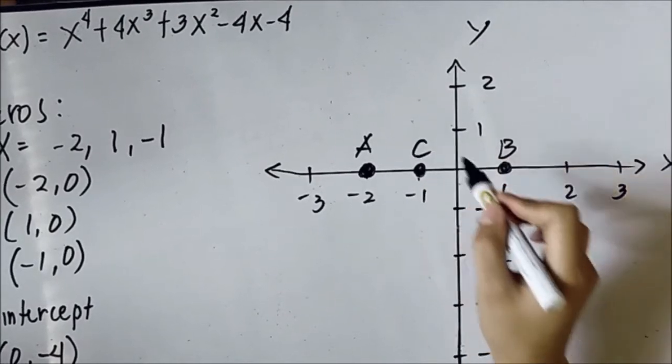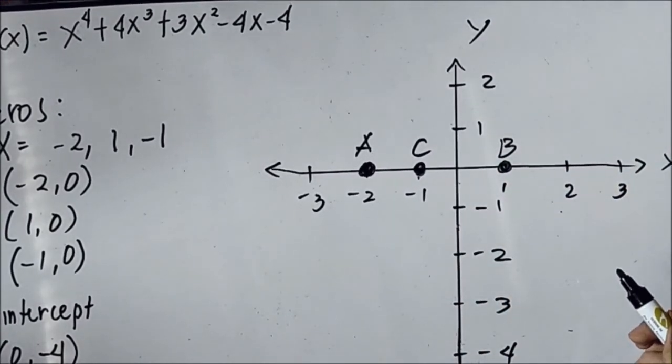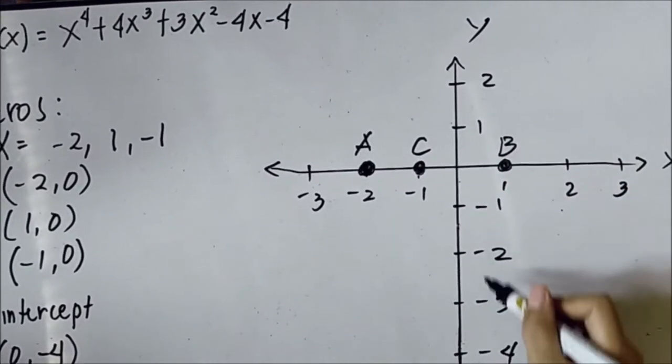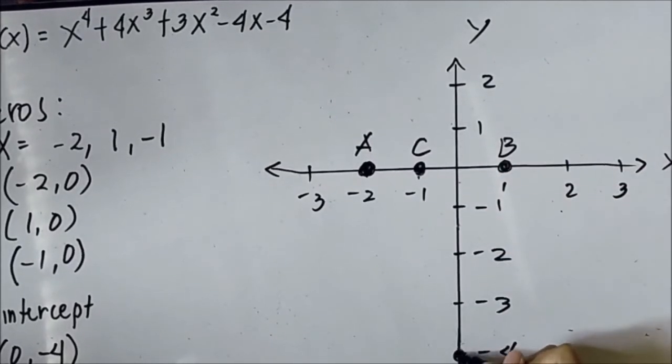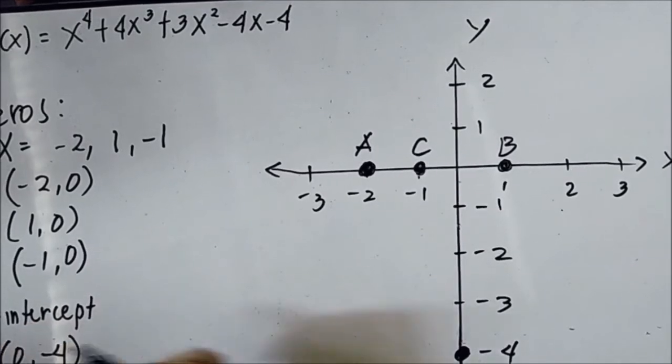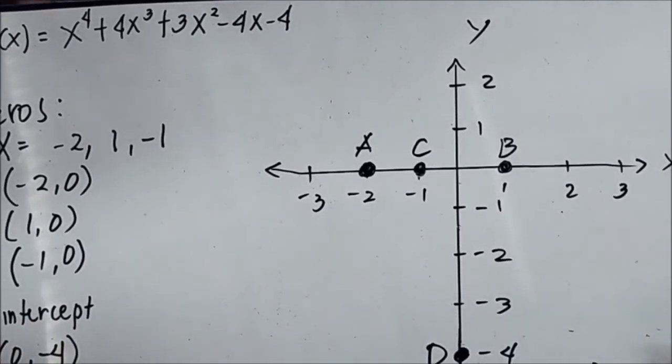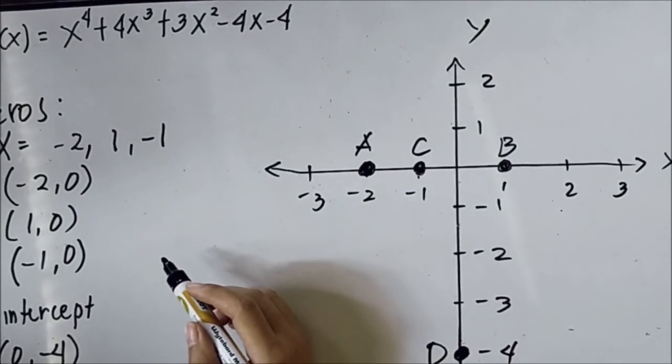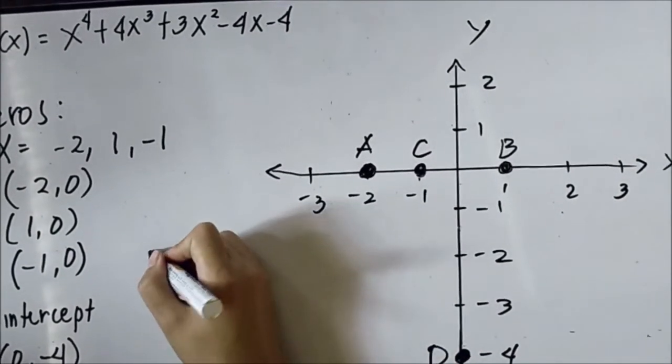That is C. We also have the y-intercept 0, negative 4. So 0, negative 4. So this should be D.